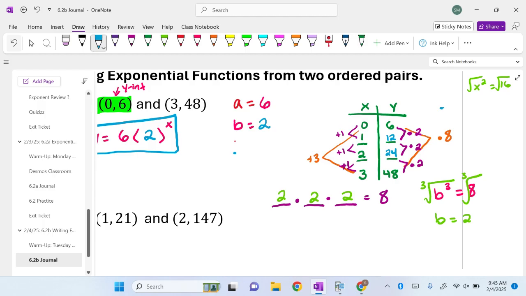Take the cube root of that, and that will give us our base value, which is the number that we multiplied 3 times in order to get this 8. Does everyone understand that process? Yes, no, maybe? All right, let's try another one.